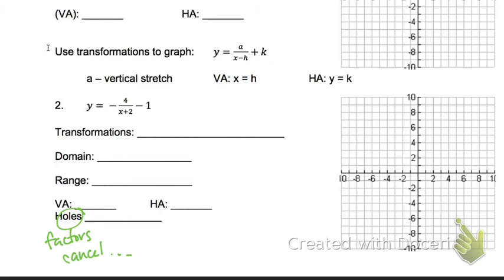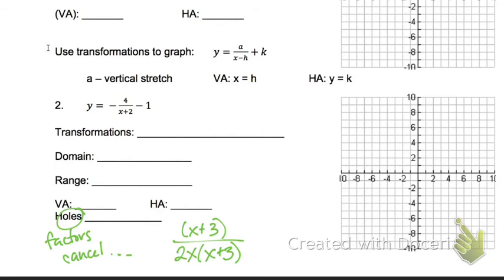So for instance, if I had, let's say, x plus 3 over 2x, x plus 3, you won't really have any holes for this kind of equation. That's why we haven't seen any yet, but we will in the next section.